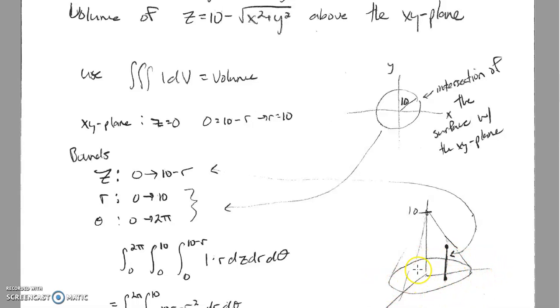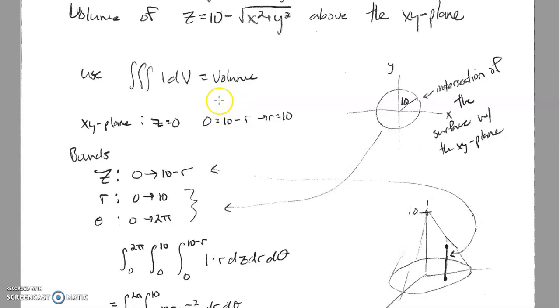If I'm in this plane right here, x-axis, y-axis, then I have a height of 0, so that's z equals 0. Oh, so I'm talking about bounds right now. So I'm going to go from z equals 0 up to z equals 10 minus r.